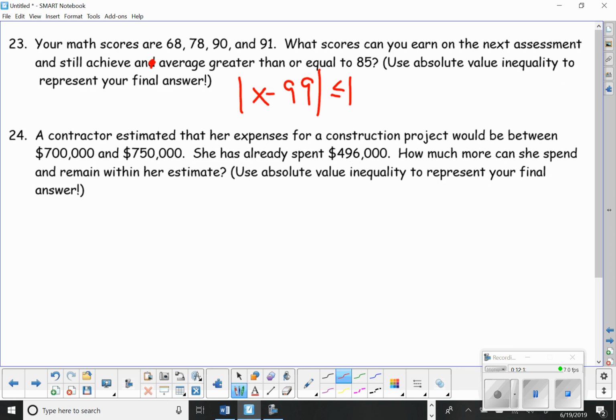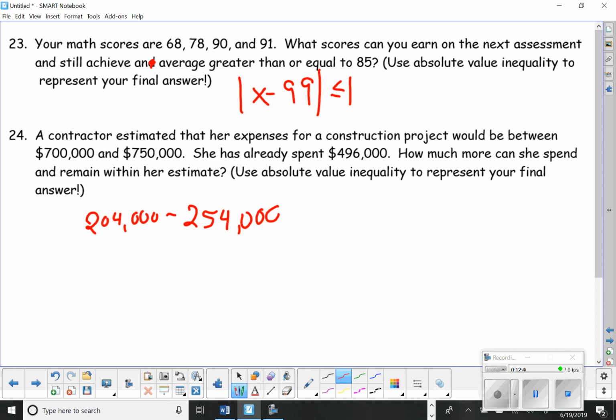That gives you your new low and your new high, because that's what's left. So now she has left to pay $204,000 up to $254,000. That's how much is left, because she has already spent the $496,000.